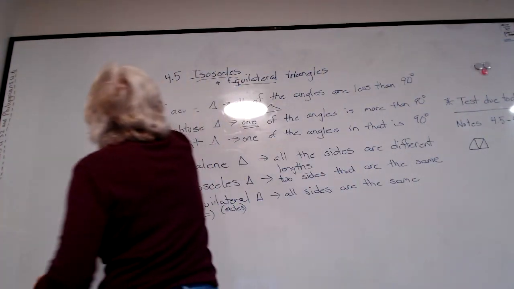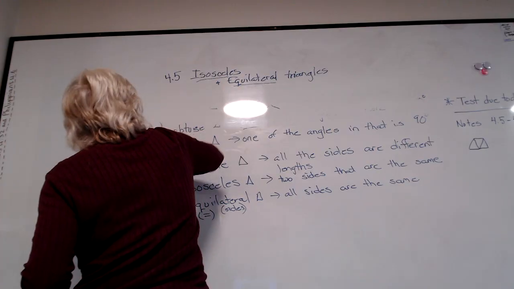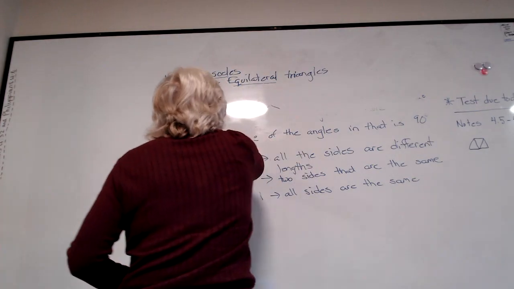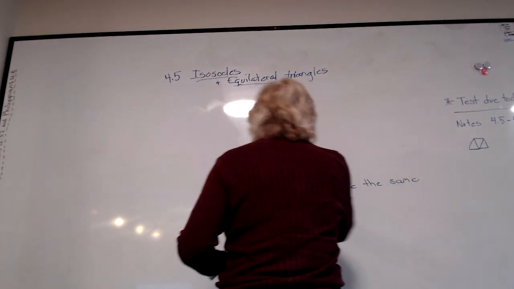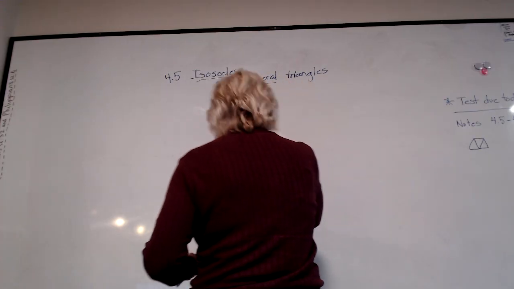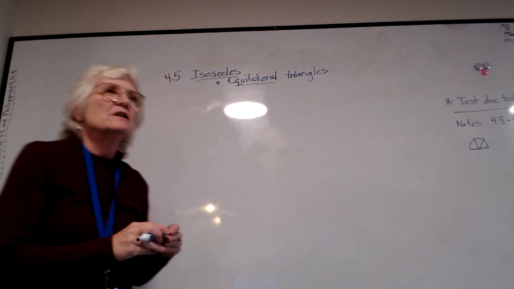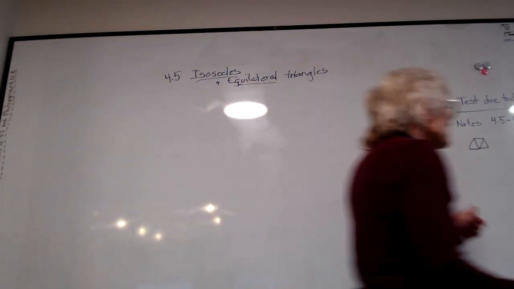So let's see what is true about some of these triangles. We're going to do it using some drawings like we did yesterday. I want you to right now just take an extra piece of paper. I have some plain paper.